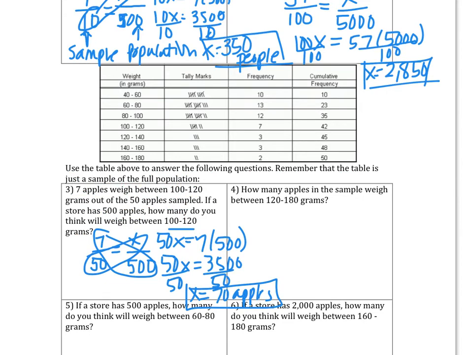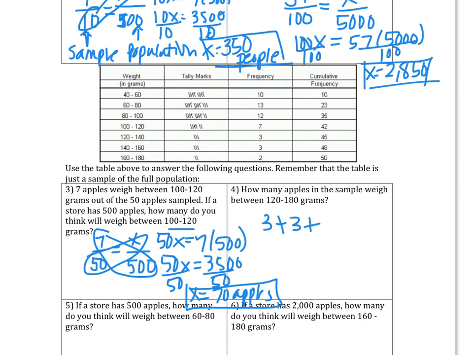Number 4, how many apples in the sample weigh between 120 and 180 grams? So let's take a look at 120 to 180 grams. So here's 120 to 140. So that's 3 plus, now here is 140 to 160, and there are 3 more.